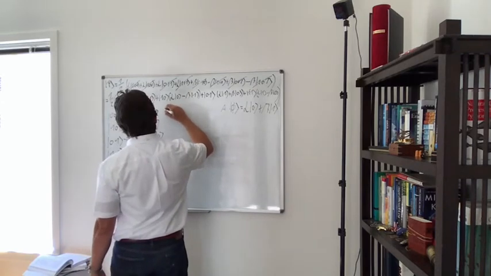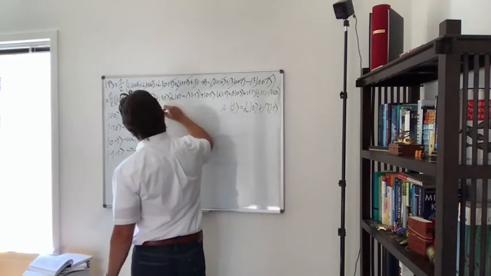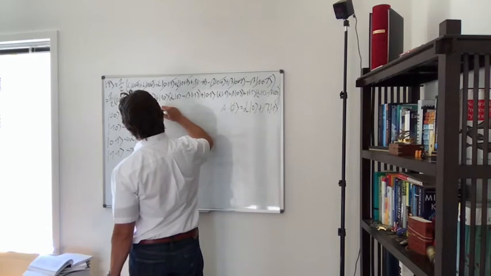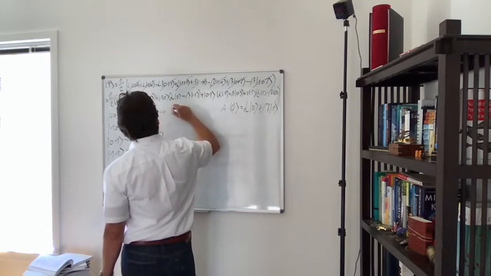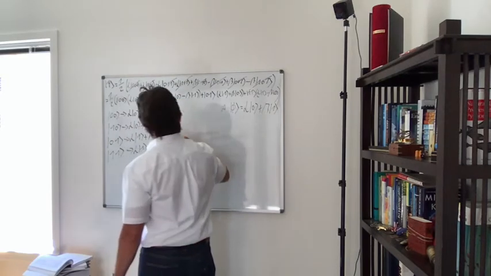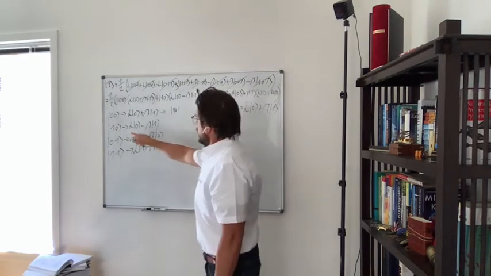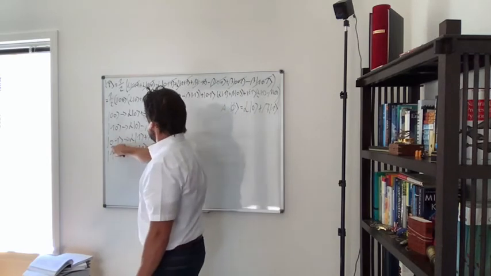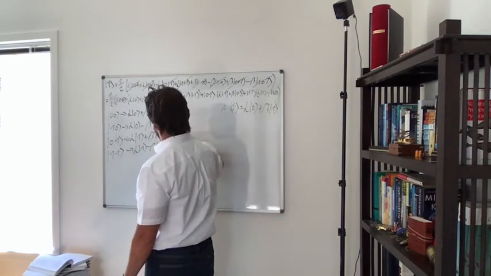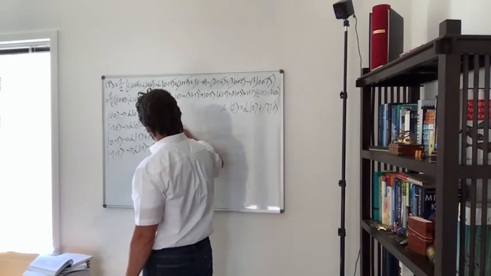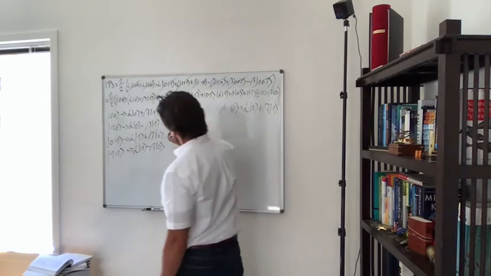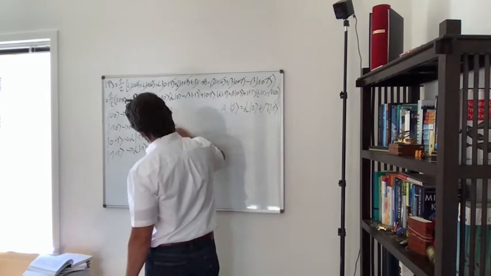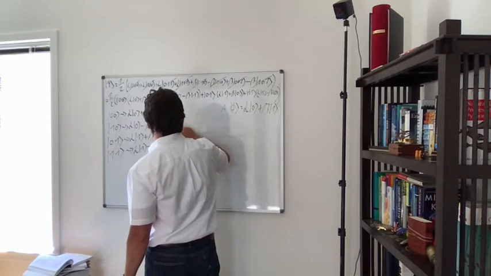So if Bob receives 0, 0, the transformation that he applies to his qubit state is identity. If Bob gets, well, let's say 0, 1, then Bob applies NOT.